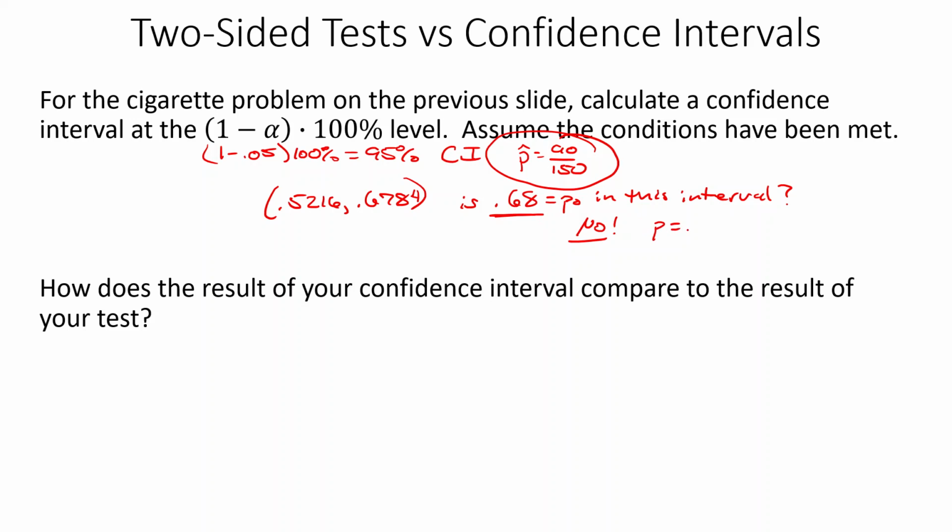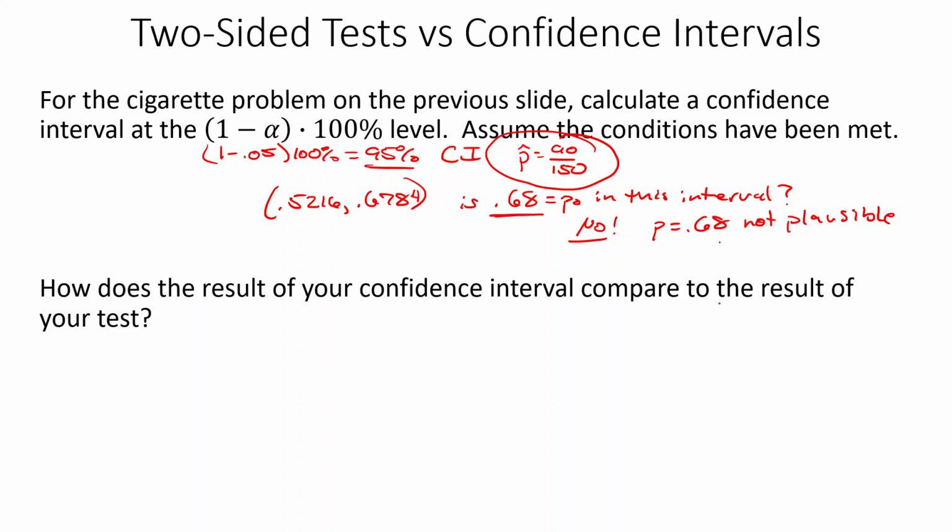So p equals 0.68 is not plausible, which agrees with our answer. We said we were rejecting that p equaled 0.68, and if we do the same confidence interval from the same information at the same level, we get the same answer.